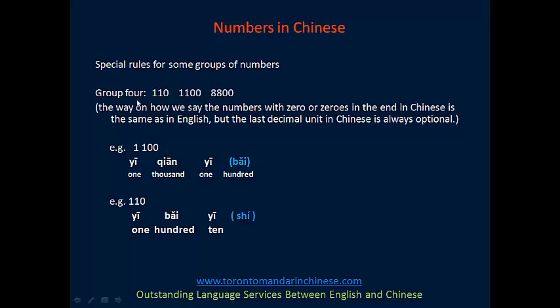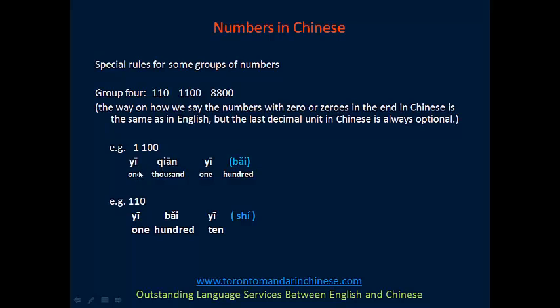Group 4, 110, 1100, 8800. How can we take care of this group of numbers in Chinese? The way on how we say the numbers with 0 or zeros in the end in Chinese is the same as in English, but the last decimal unit in Chinese is always optional. For example, 1100.